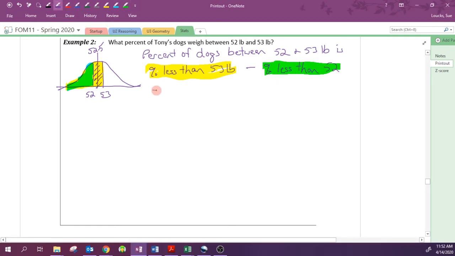So that equals some number minus some other number is going to get me my answer.